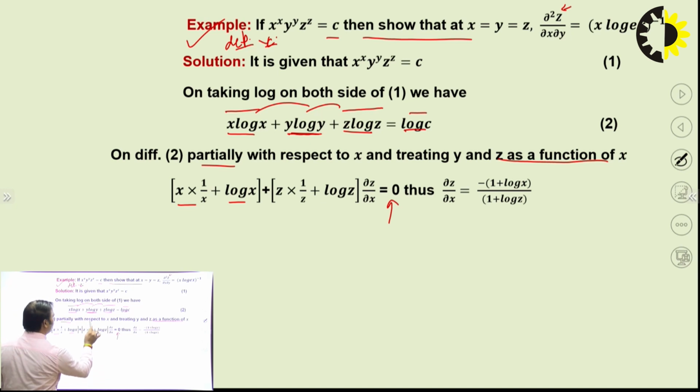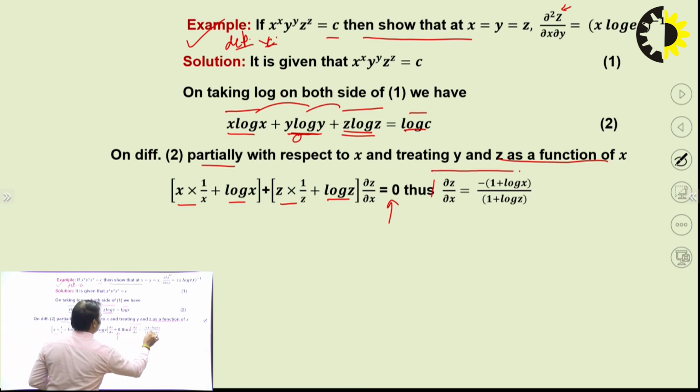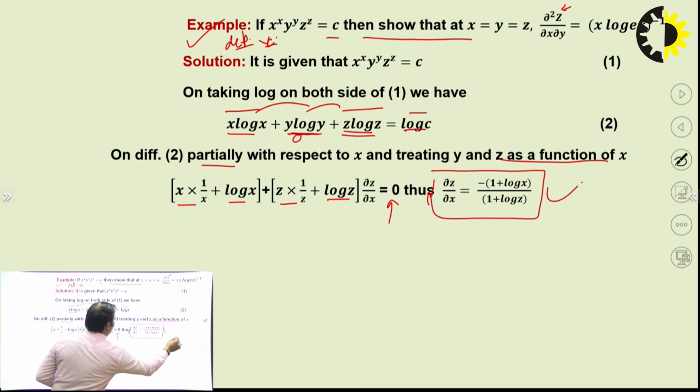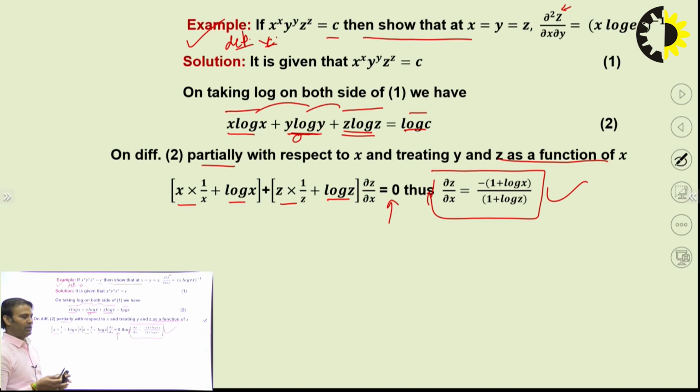This wholly converts into 0. Now open up the differentiation for z log z. It is the first term times the differentiation of the second, plus the second term times the differentiation of the first. So student, with this concept, the very important term I have calculated, del z by del x, equals minus of (1 plus log x) divided by (1 plus log z).